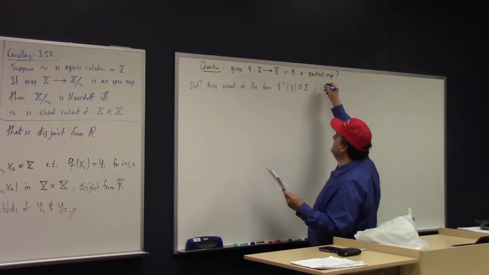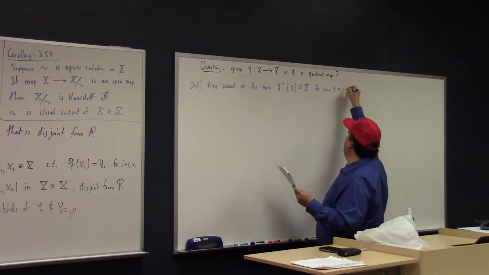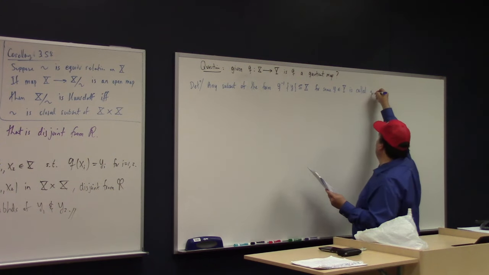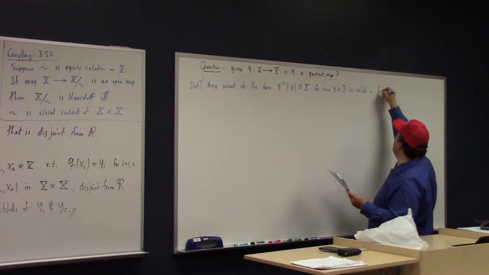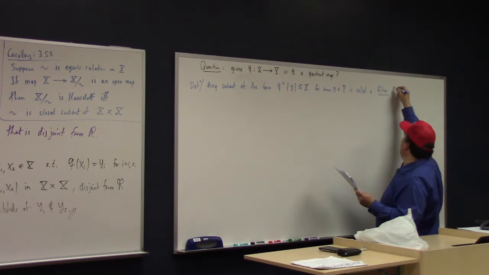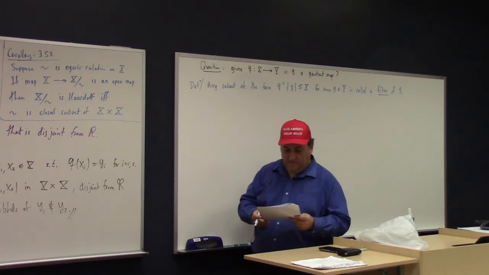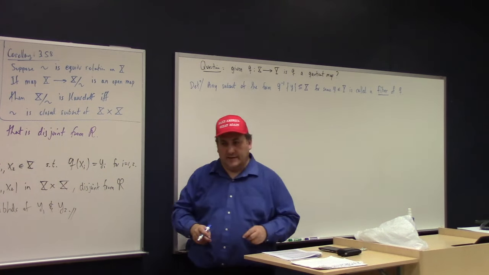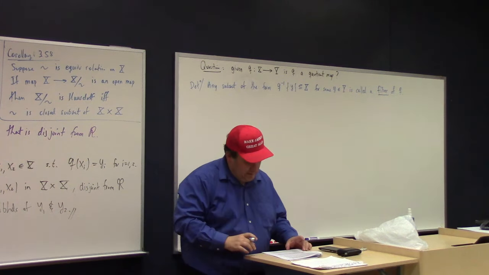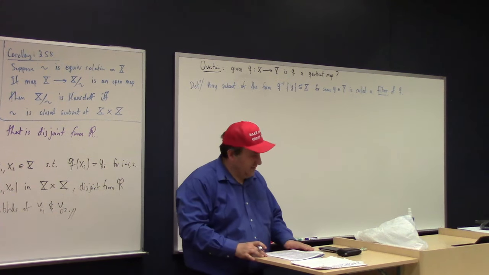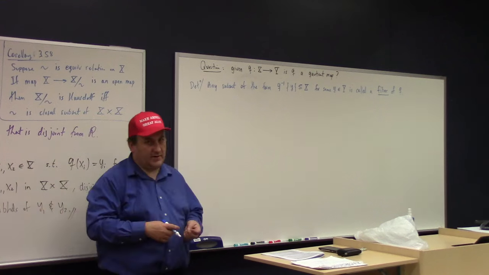For some Y, it is called a fiber of Q. Now this is not special to this discussion, all right? You can talk about fibers for any map, all right?